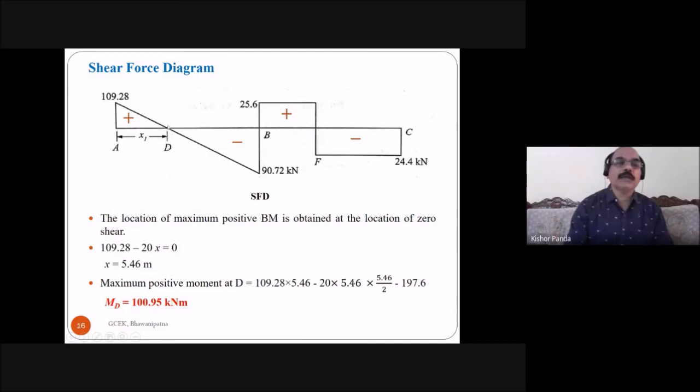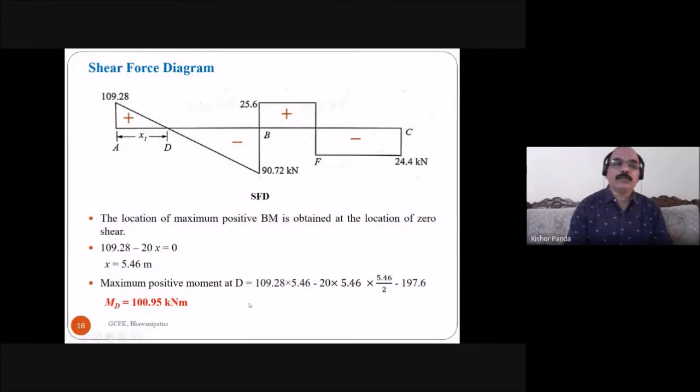So here you will get the maximum positive moment. You have to find the moment here at a length 5.46 meter from the support A. Maximum positive moment at D is equal to 109.28 into 5.46 minus 20 into 5.46 into 5.46 by 2 minus the moment 197.6.